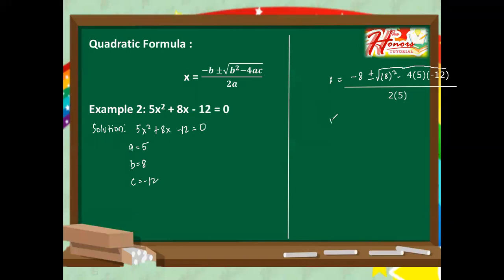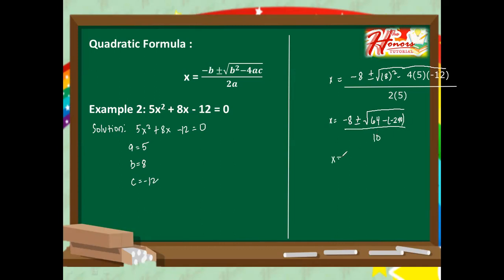So now we have here x equals negative 8 positive negative square root of 8 squared, that is 64. And then minus 4 times 5, that's 20, times negative 12, that is negative 240. So we have here negative 240 over 2 times 5, that's 10.